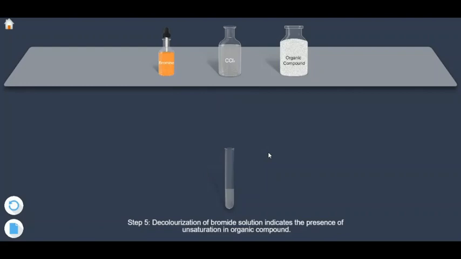Step 5. Decolorization of bromine solution indicates the presence of unsaturation in organic compound.